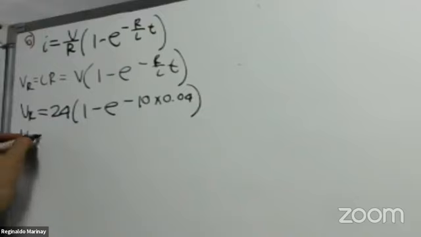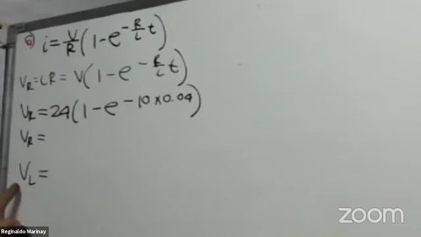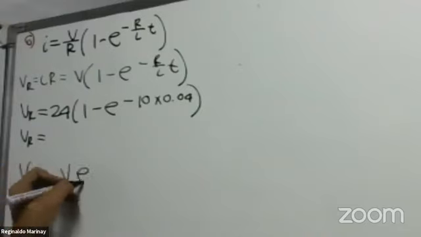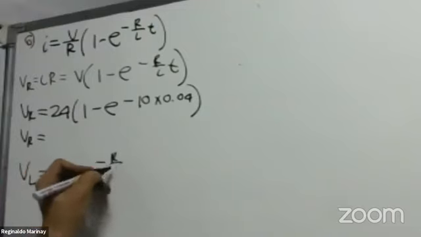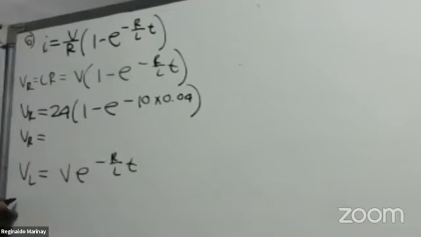I want you to calculate, because I want everybody to participate in the class. Okay, what is the formula for voltage in the inductor? That is our V e raised to negative R over L times t.